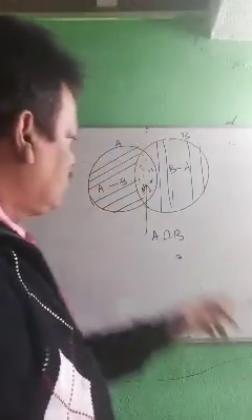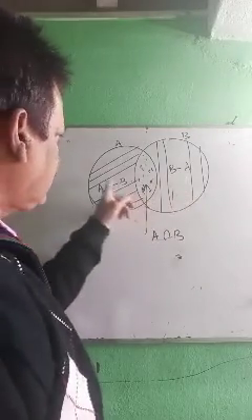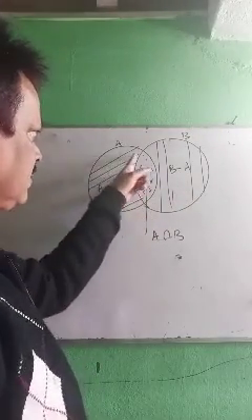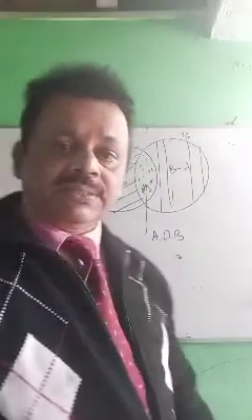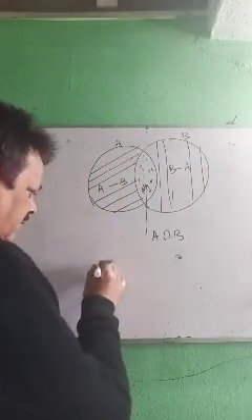Now listen, when you combine these three, this part and this part, that becomes A union B. So what is A union B now?